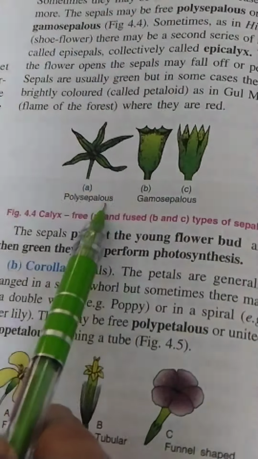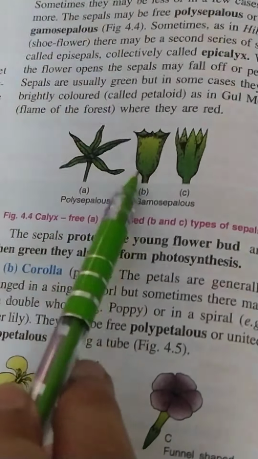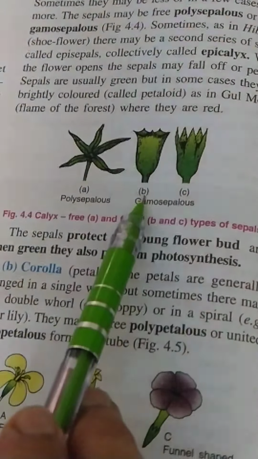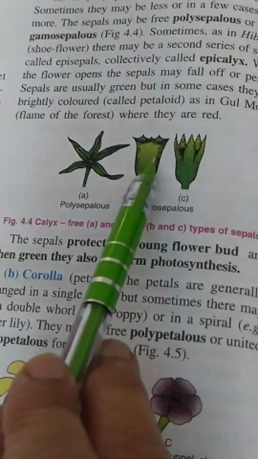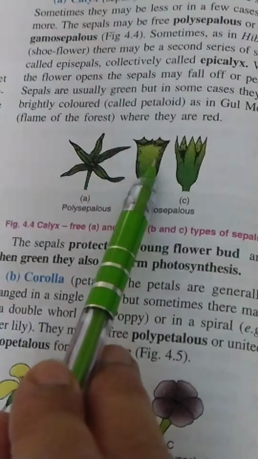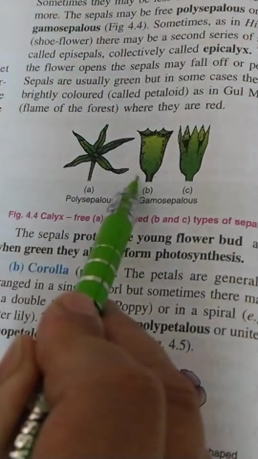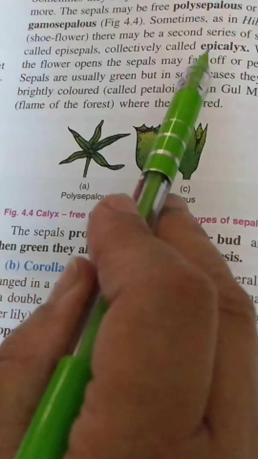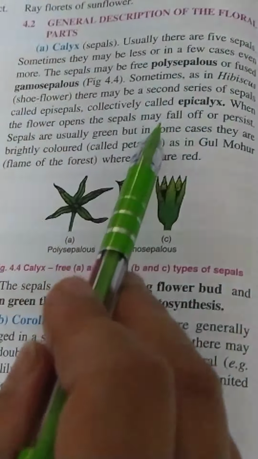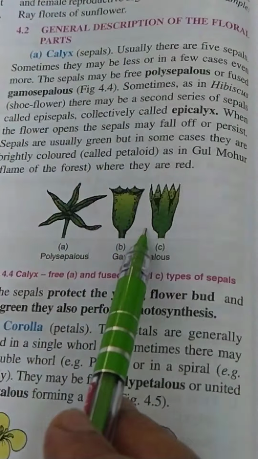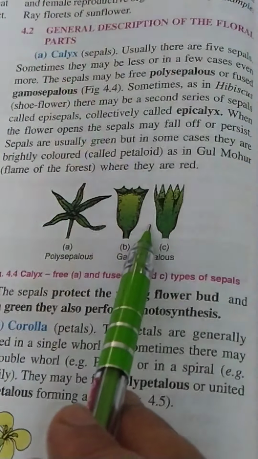But if all the sepals are fused to form a tube-like structure, that is called the gamosepalous condition. We can see this in hibiscus flowers, china rose. In addition to this, if the lower base has another whorl of sepals, that is called an epicalyx. Epicalyx is the episepals, in which a second whorl of sepals is present. This is present in the hibiscus flower.